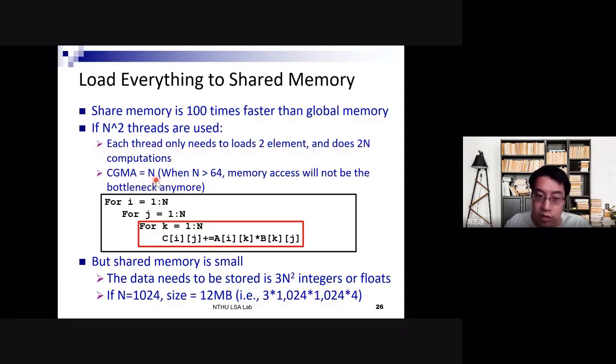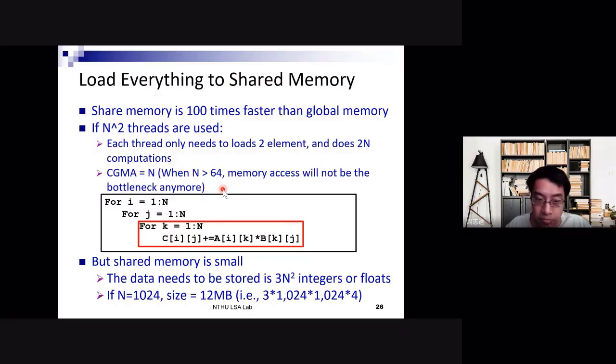That means as long as the size of the matrix is larger than 64, then through the shared memory, we can easily achieve any CGMA we want. And as long as the matrix is larger than 64, the bottleneck will no longer be on the memory access, or at least not the bottleneck on the global memory.